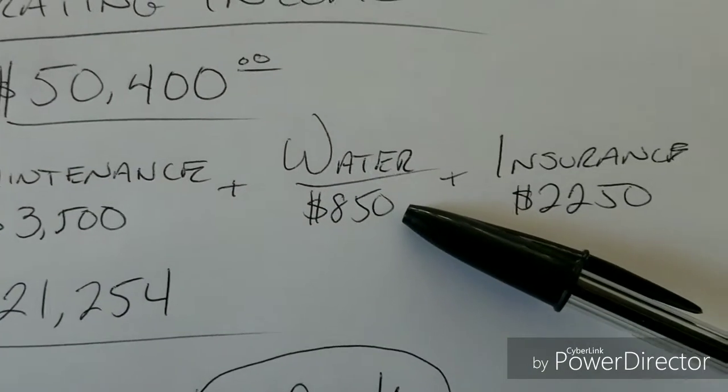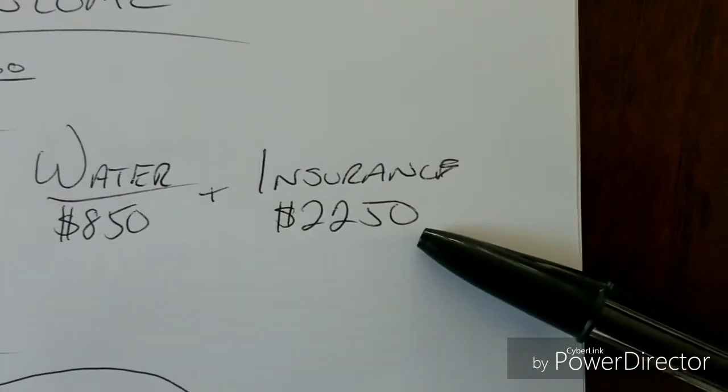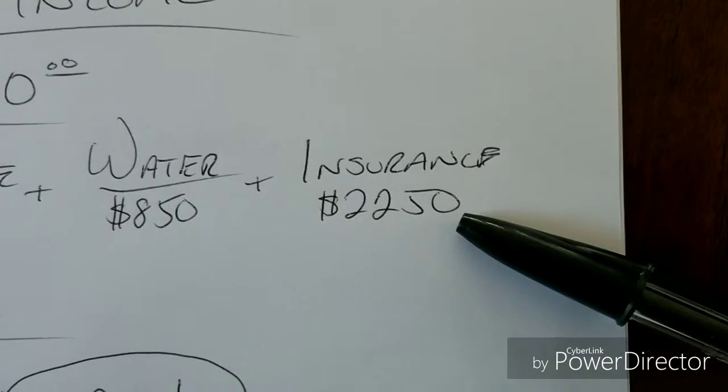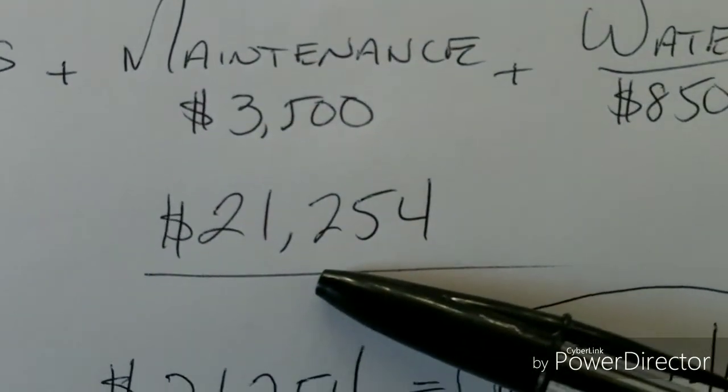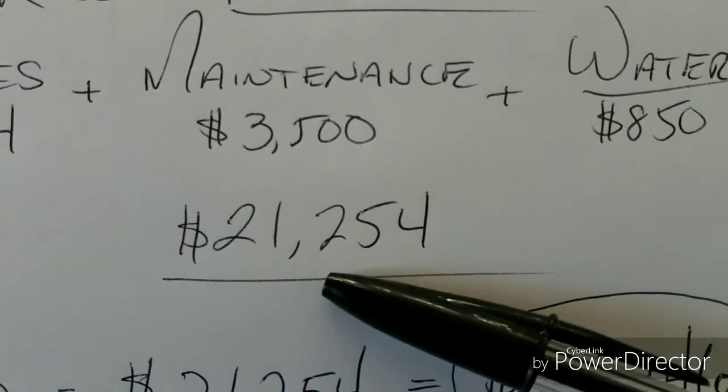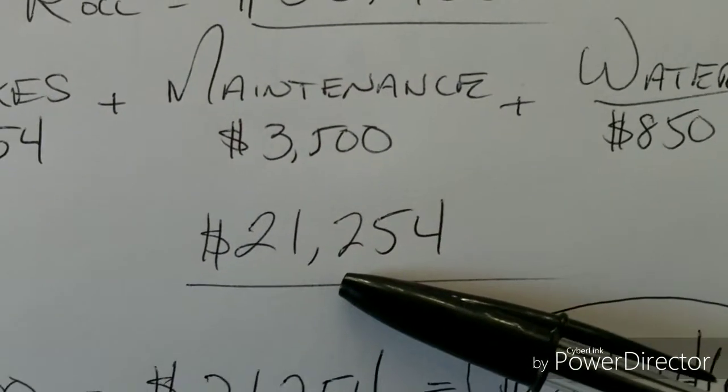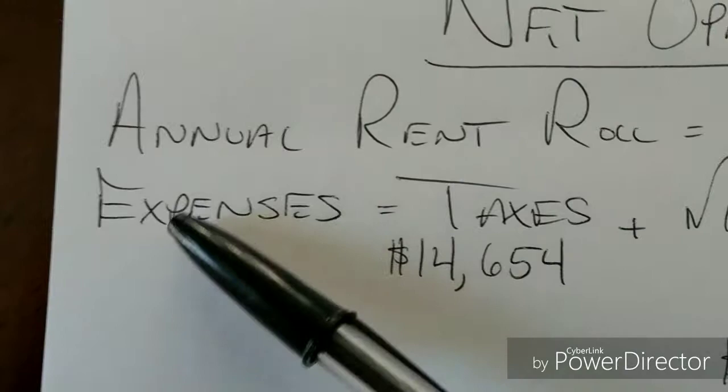Our water, $850 a year. And our insurance, $2,250 a year. We add all of those up and we get $21,254 a year that we are spending on our annual expenses.